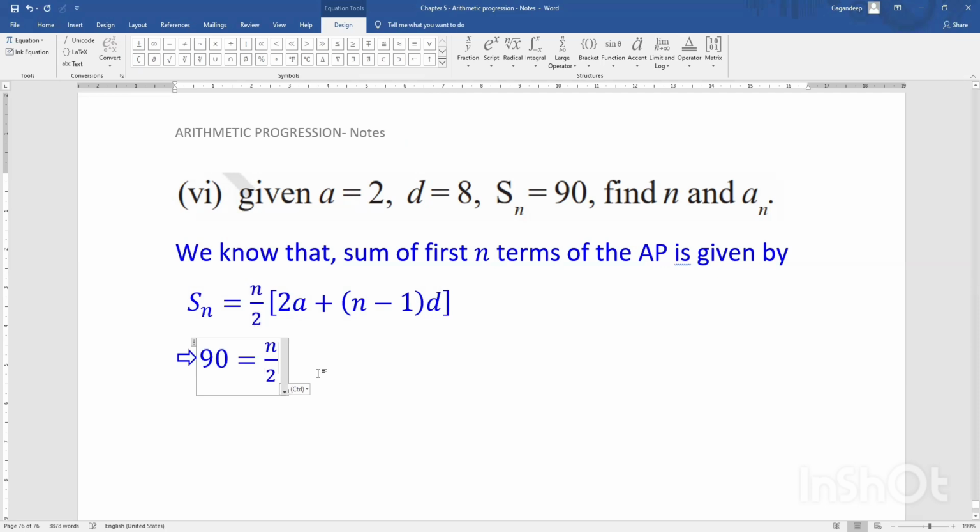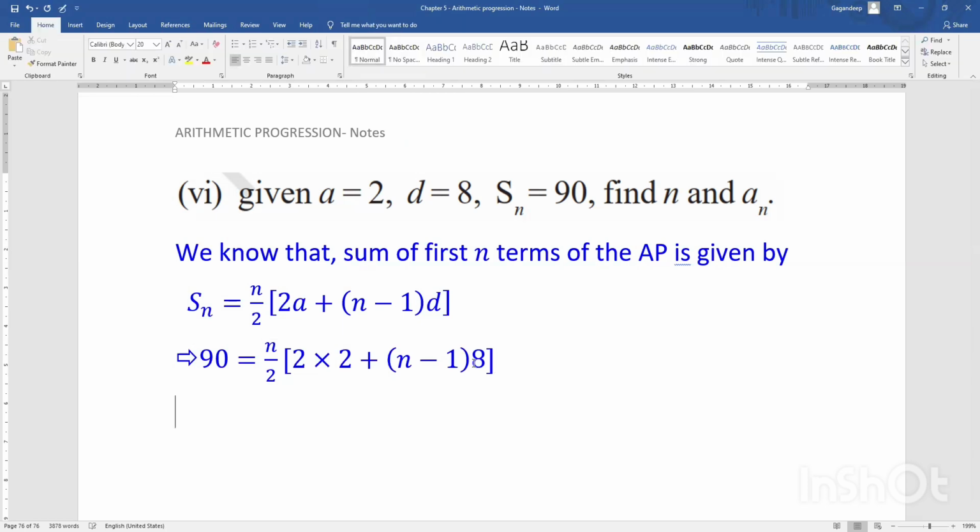Then bracket open, 2 into A value, which we know is 2, so write 2 plus N minus 1, bracket close, and D value is 8. I close the bracket.